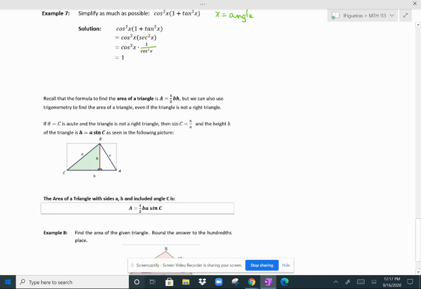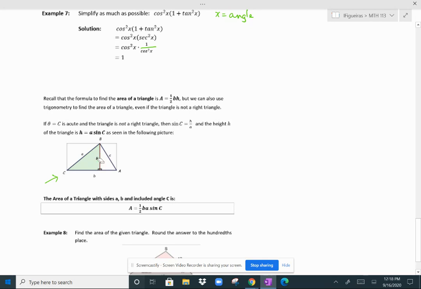So let theta equal C in this picture. C is our angle, and it is an acute angle. The triangle ABC is not a right triangle, but we can certainly create a right triangle by dropping down the height h.